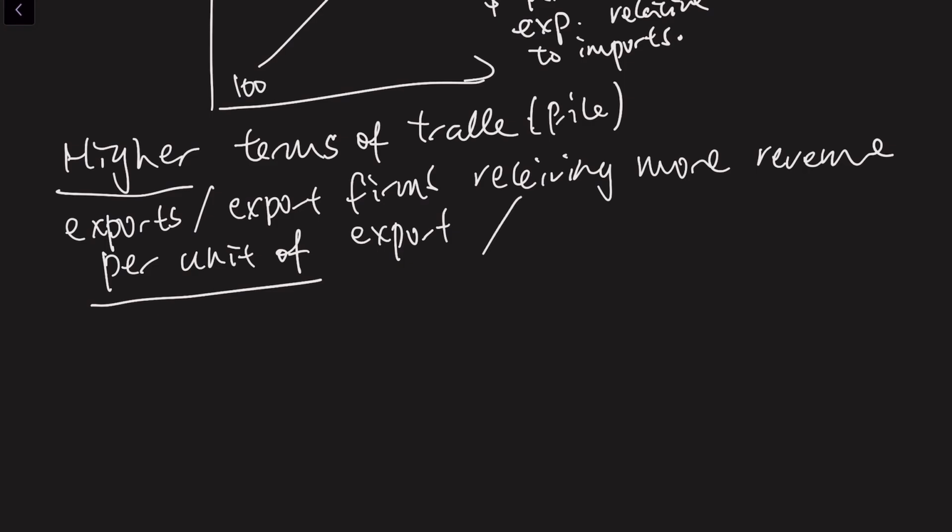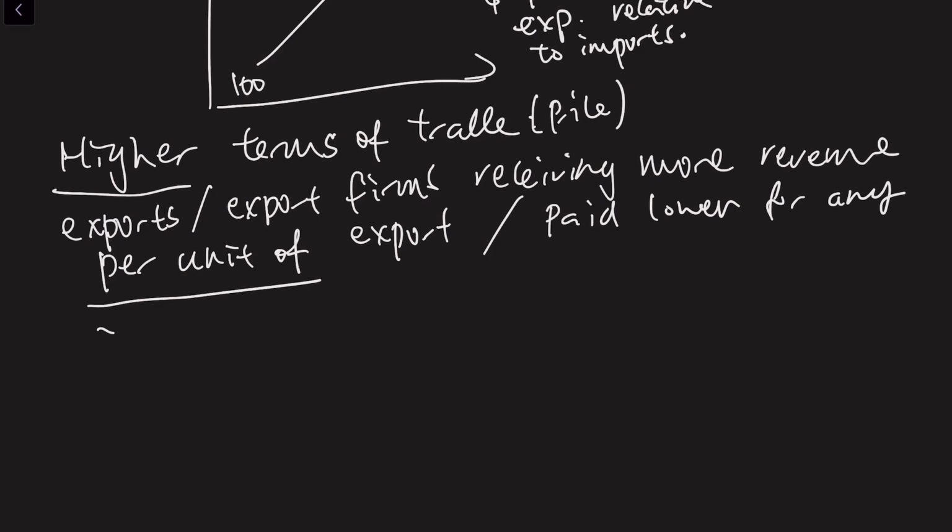And another possibility is they paid lower for any given number of imports. So this is also important because we are talking about this relative movement. So terms of trade can increase if the import price becomes lower.